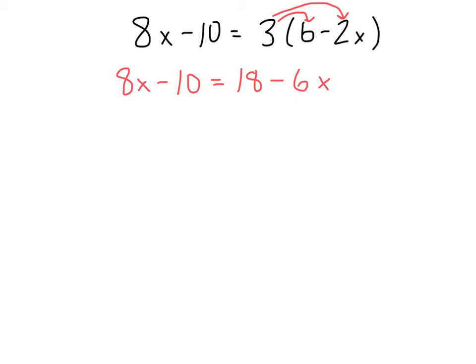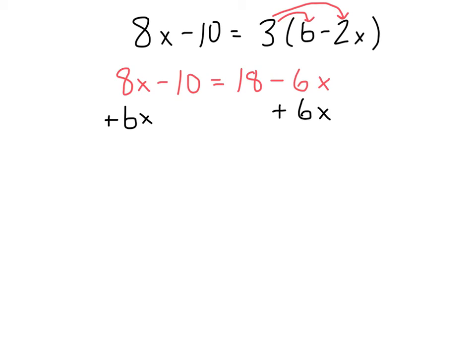Now, this is what we're used to seeing in the previous 2 equations. So we can go through, work it like normal, move all of the variables to the left side, constants to the right. So if we have a minus 6x on the right side, we have to do the opposite, which is where you add 6x to the right side, and then to the left side we're also going to have to add 6x.